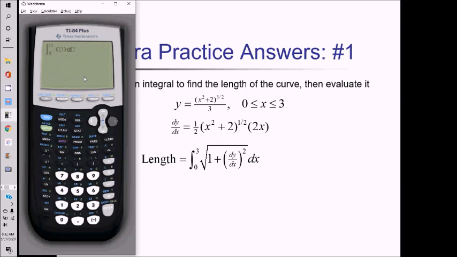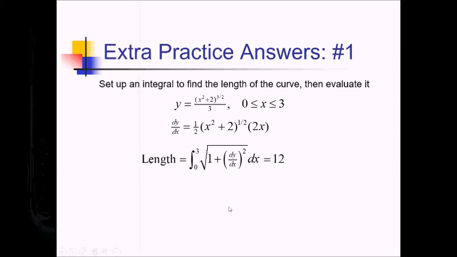We're going 0 to 3, and we need the square root of 1 plus (dy over dx) squared, so alpha trace y1 to pull up that function that I just entered, square that, go to d dx, there we go, press enter, and that comes out to exactly 12.